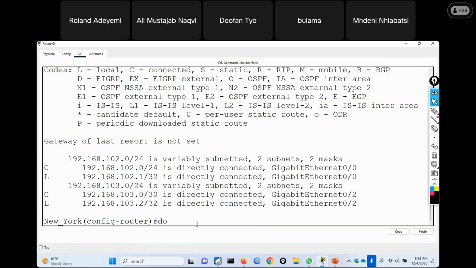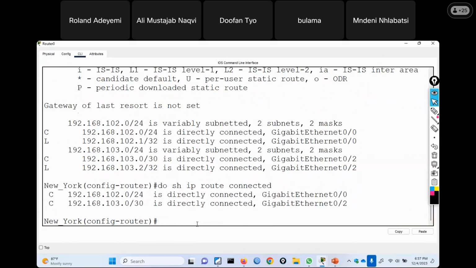So do show IP route connected so that we can see the connected networks. So I want to advertise network 192.168.102.0 with wildcard mask 0.0.0.255, then area 0.